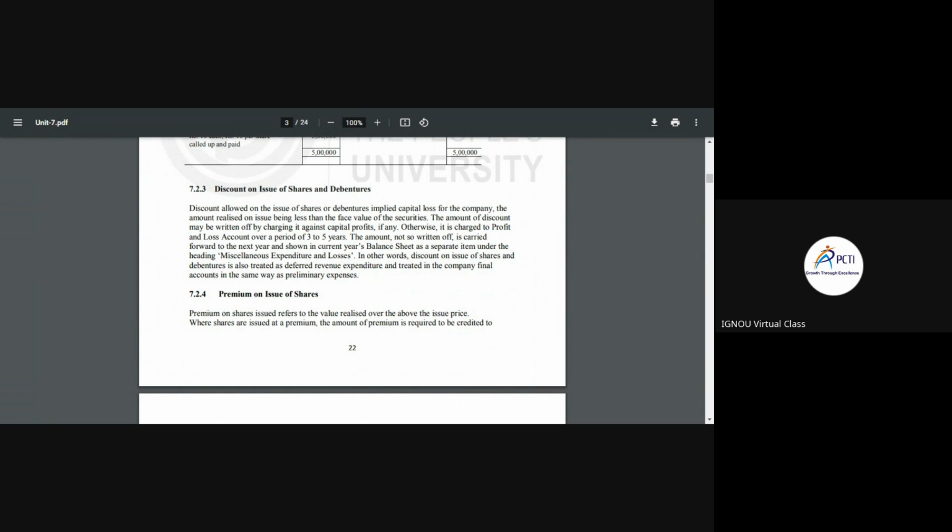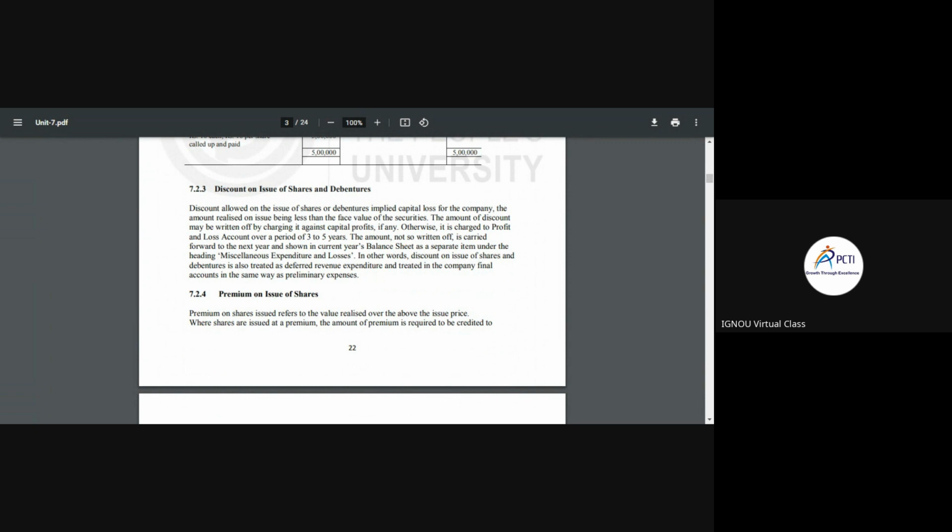The amount of discount may be written off by charging it against capital profit if there is any, or otherwise charged to the P&L account over a period of 3 to 5 years. The amount which is not written off is carried forward to the next year and shown in the balance sheet as a separate item under the heading miscellaneous expenditure and losses.